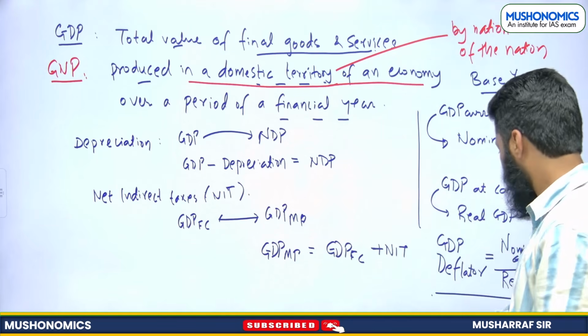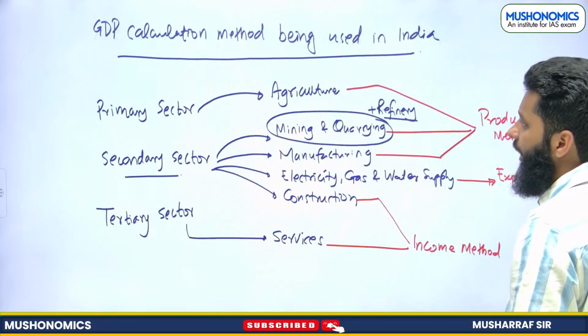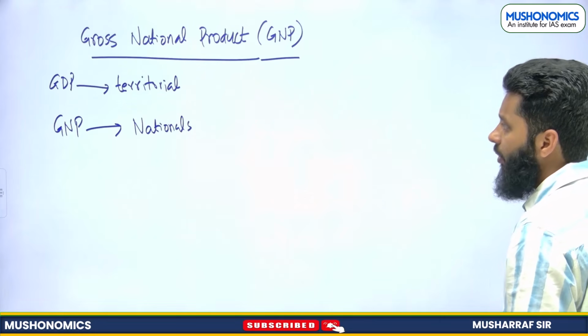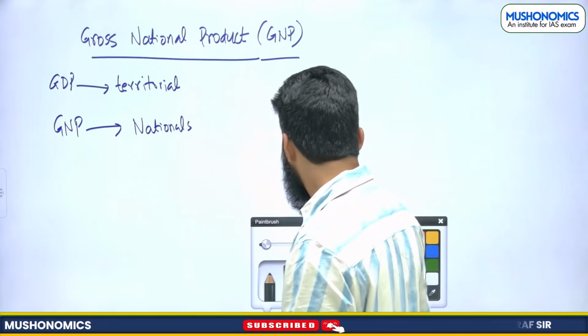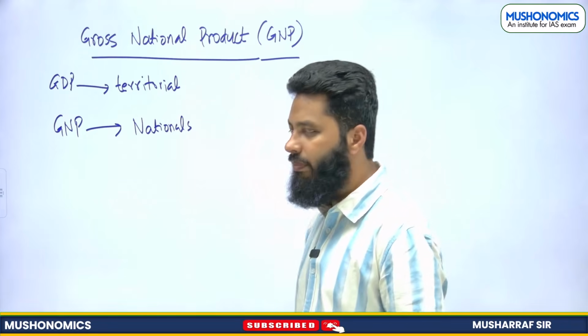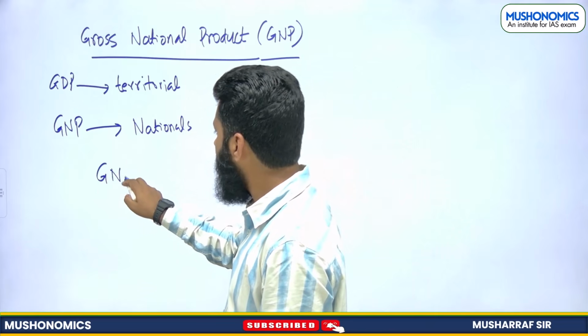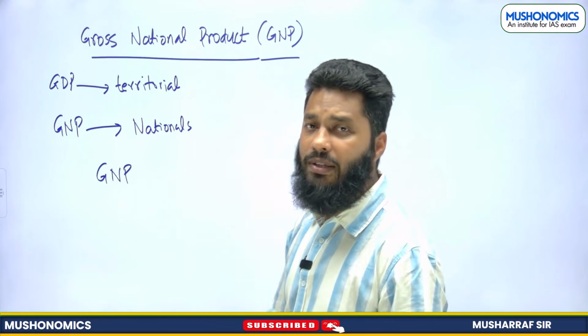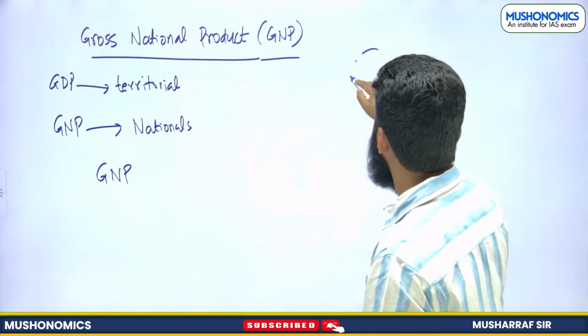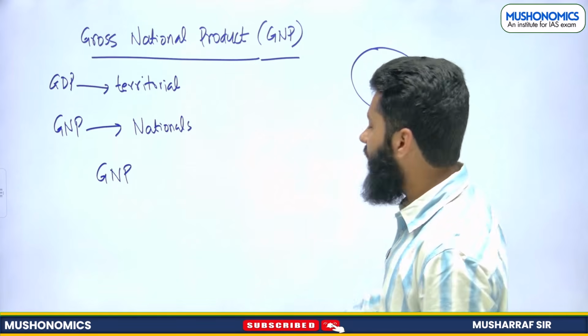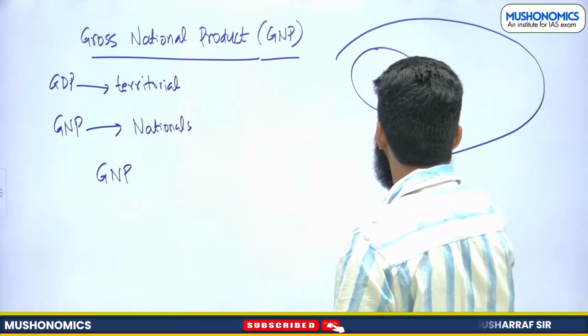For example, if I want to get GNP from GDP, we have calculated GDP, now what things do I have to include and exclude? Suppose this is the domestic territory of India and this is the entire world.